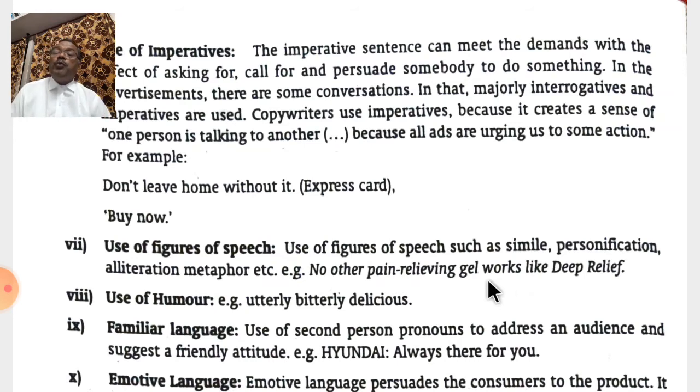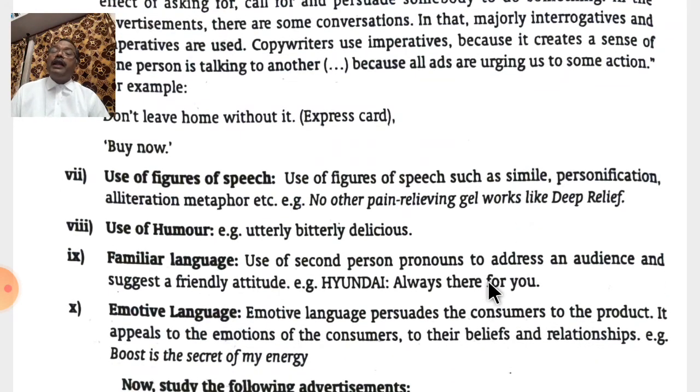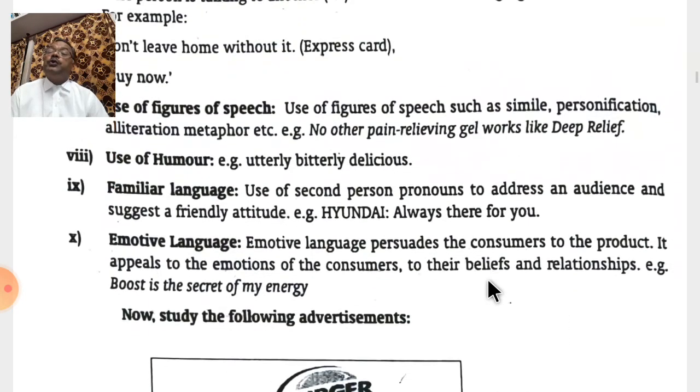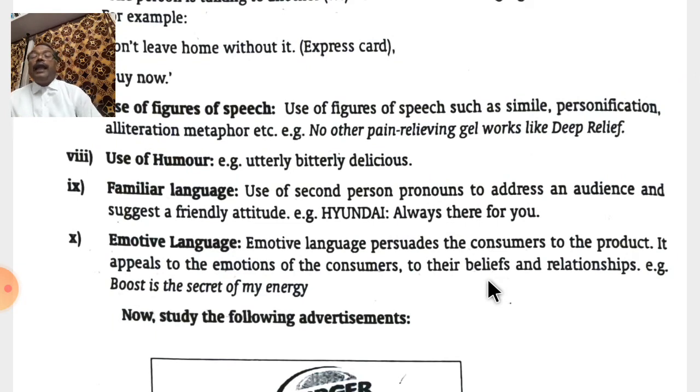And the language which is used in your day-to-day life should be used. Emotive language. It means emotive language can change the minds of consumers, or persuade the consumer to buy the products. It appeals to the emotions of the consumers, to their beliefs, to their relationships.